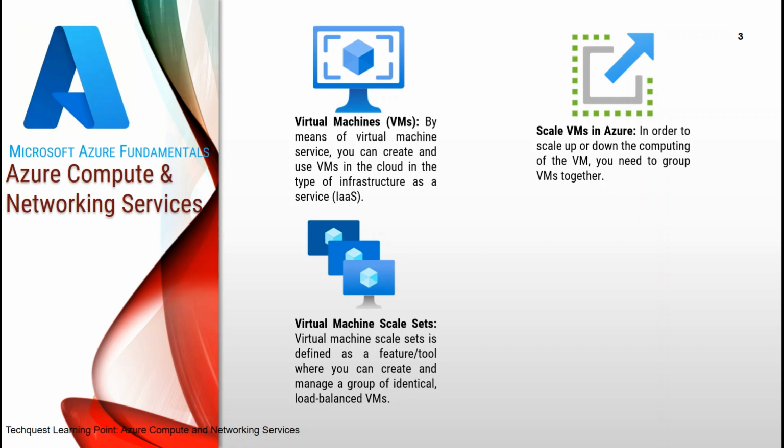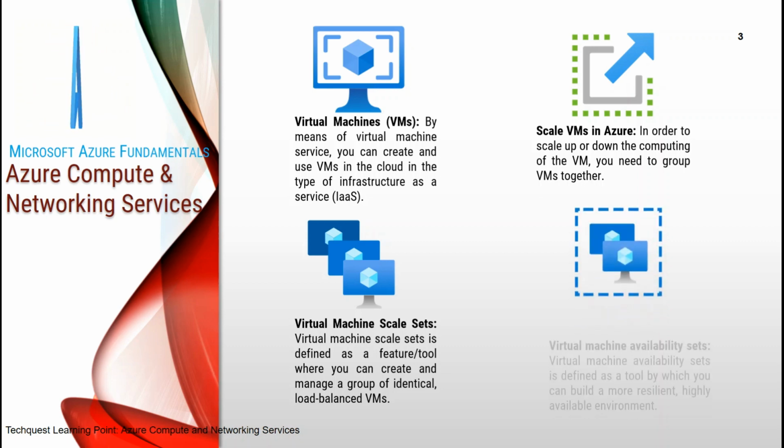Virtual machine scale sets also automatically deploy a load balancer to make sure that your resources are being used efficiently. With virtual machine scale sets, you can build large-scale services for areas such as compute, big data, and container workloads.